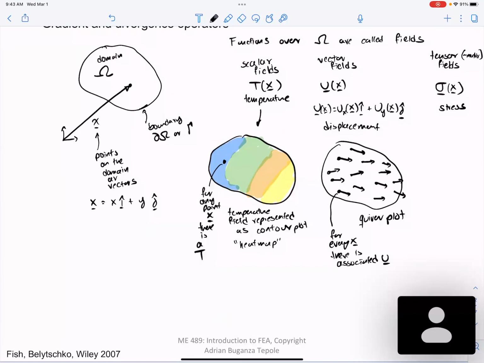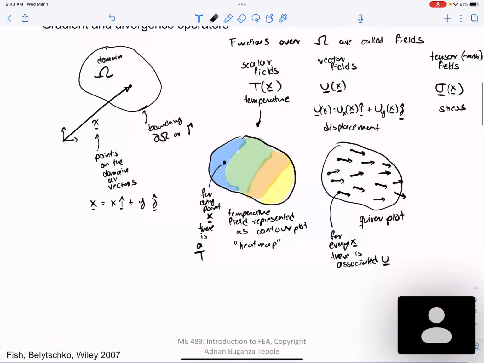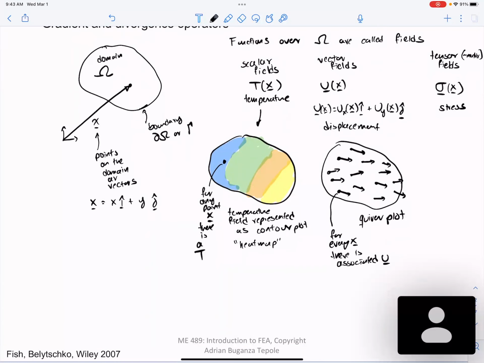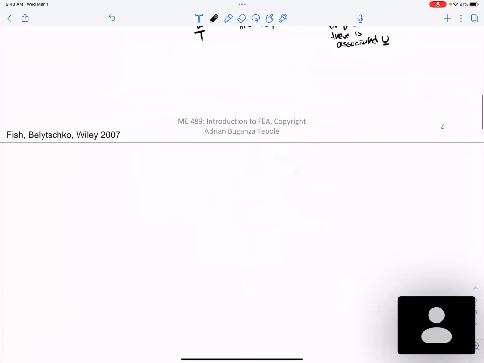All right, so that is some notation, and then gradient and divergence operator. So maybe I'll add one page here. What is gradient and divergence? The gradient operator is like a derivative, but in 2D, it's denoted with this operator called the nabla operator.